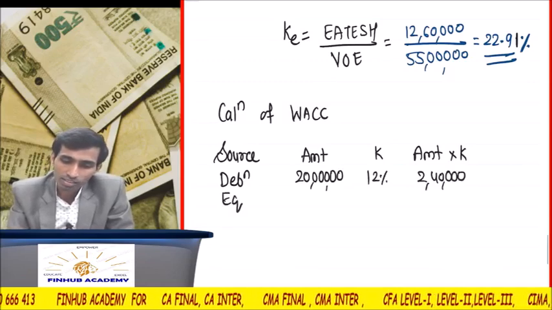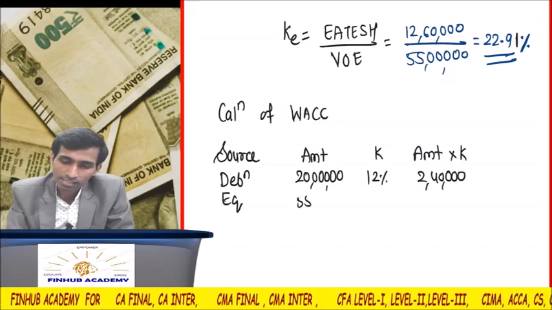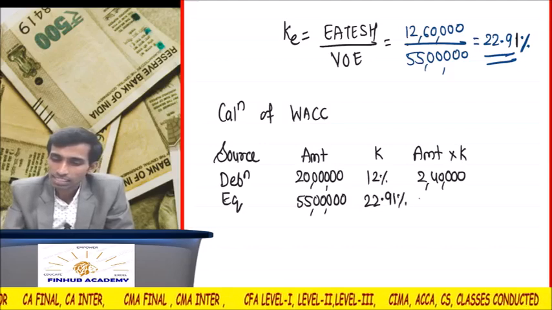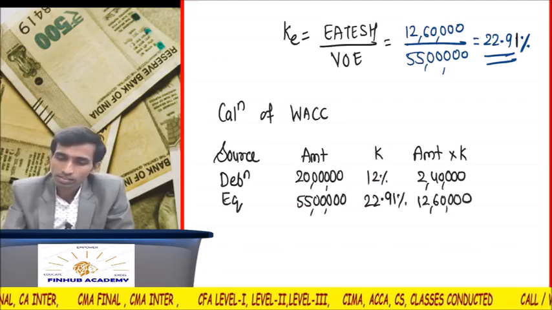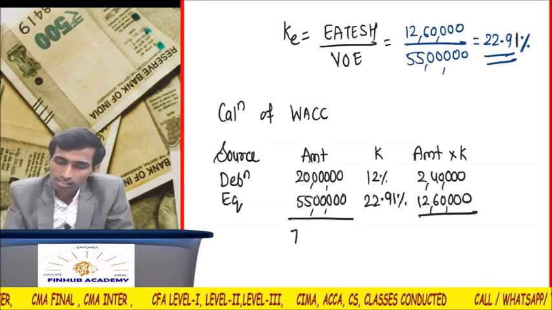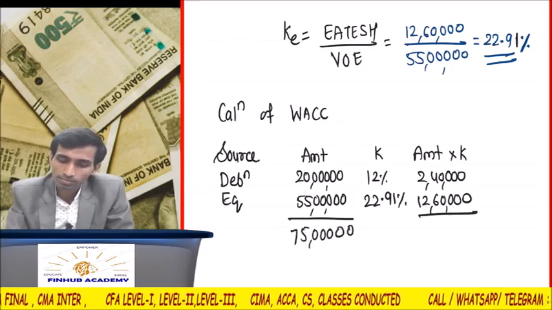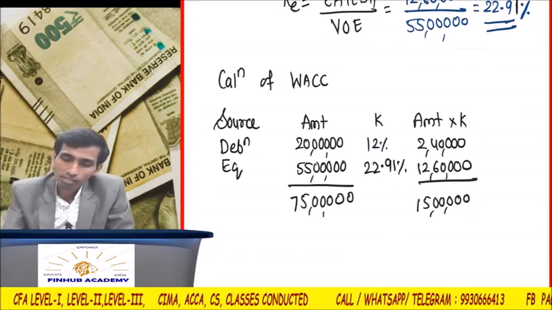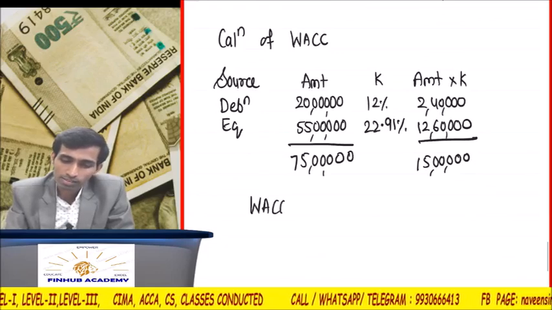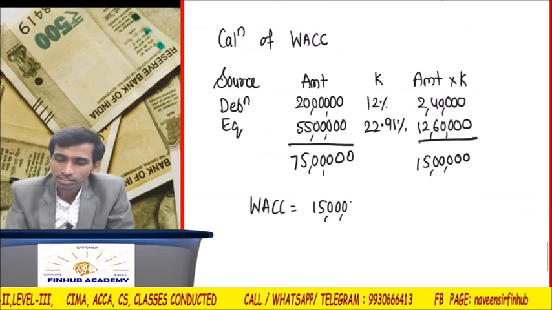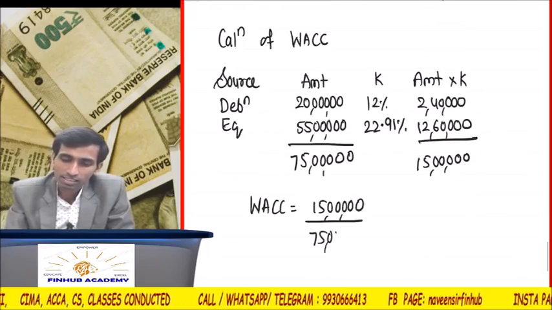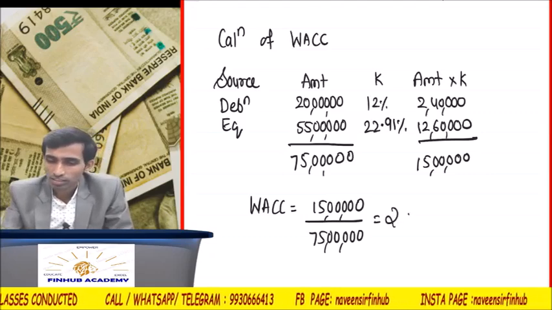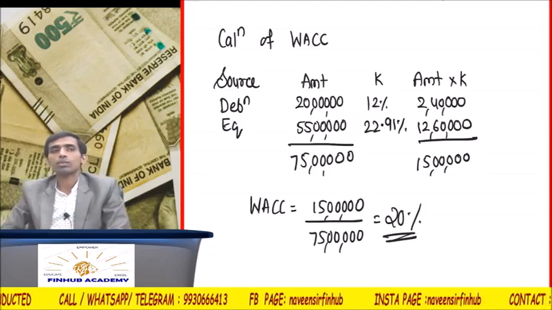Equity, 55 lakhs, 22.91%, answer 12,60,000, the same amount. Total 75 lakhs, and this is 15 lakhs. WACC is how much? 15 lakhs divided by 75 lakhs, which is 20%. 20% is WACC.